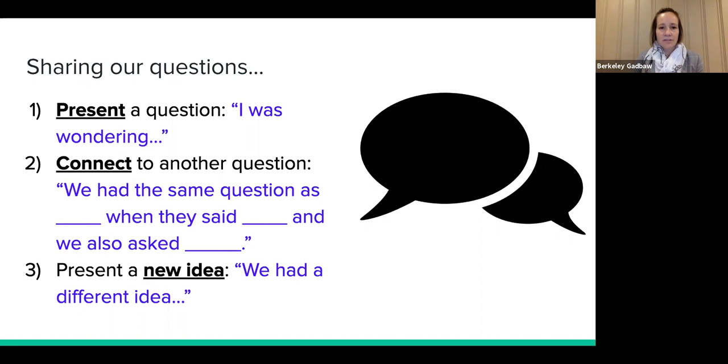Every student has their sticky note in front of them, and they share their wonderings, and they have to connect. Whoever's going to share next has to connect to somebody else. So if I had just heard Susan talk, I would say something like, "I have to connect to their question.